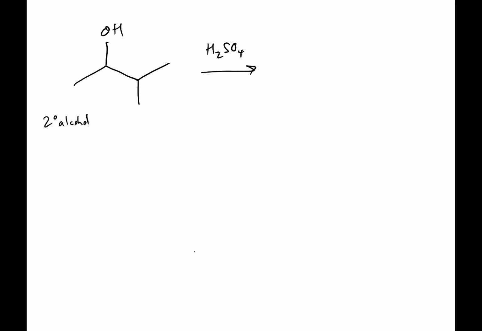But I want you to notice, as in the examples we just used, there were multiple possible situations where I could pull off an H and an OH. That's true here too, but in the last examples, it didn't matter which OH and H I pulled off, it would always produce the same thing, because those are symmetrical molecules. But this is different.